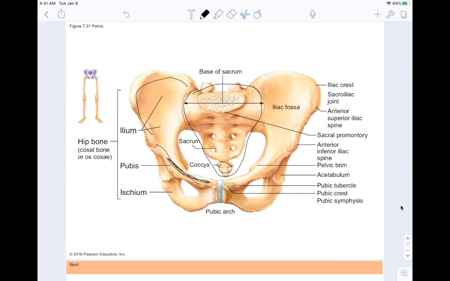And then you have the ischium, which makes up the bottom posterior region. It's sitting towards the back of your body. So this is your overall hip bone. Again, the ilium, pubis, and ischium are the 3 main parts that make up these coxal bones.